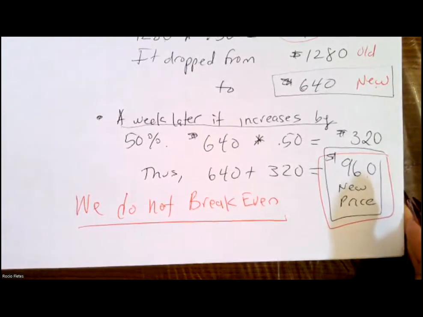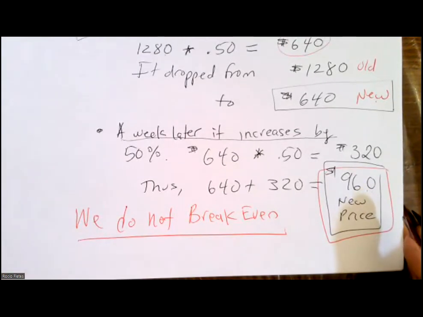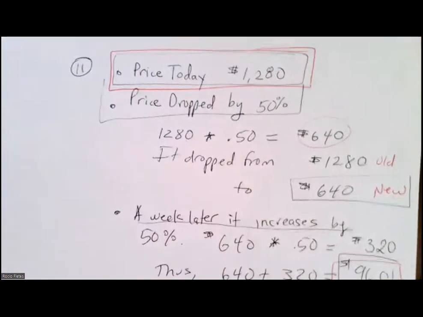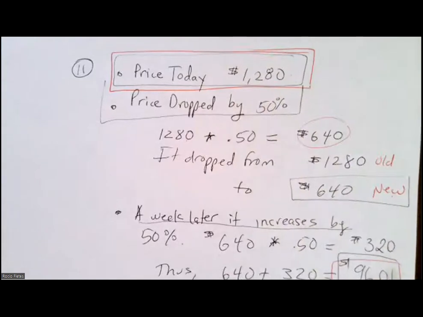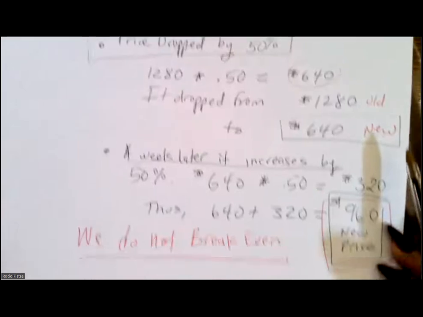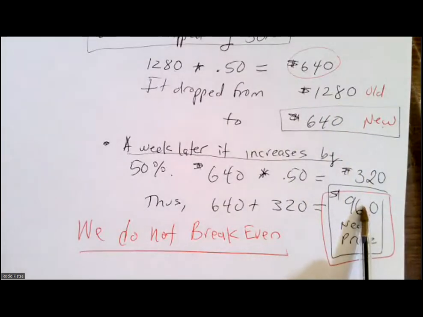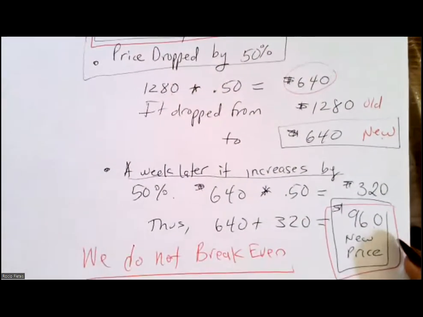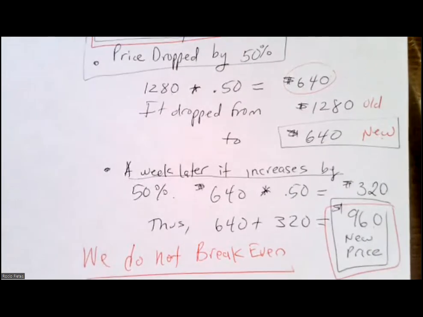Remember how you would calculate loss. We are at a loss here, because in order to figure out the loss, you will do 960, which is the new price, minus the old price, 1280, divided by the old price. And you can calculate the loss, okay?